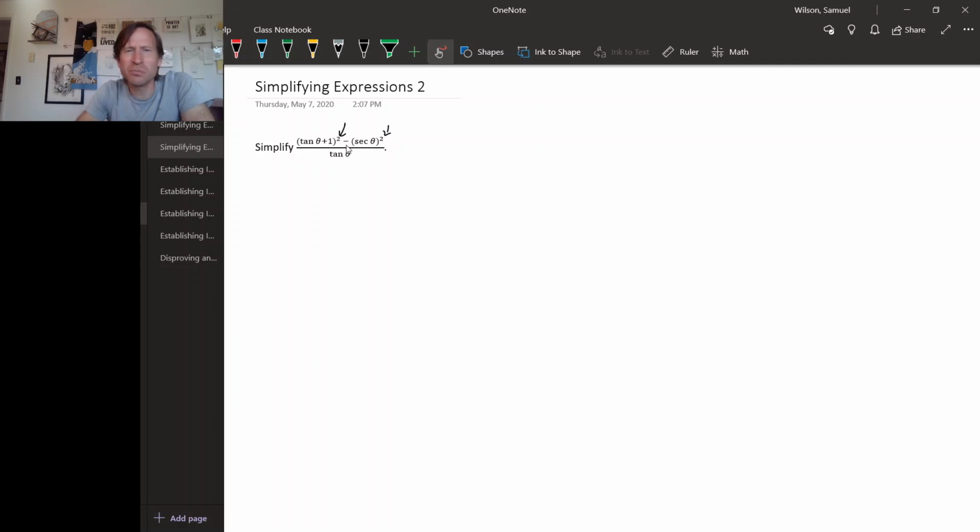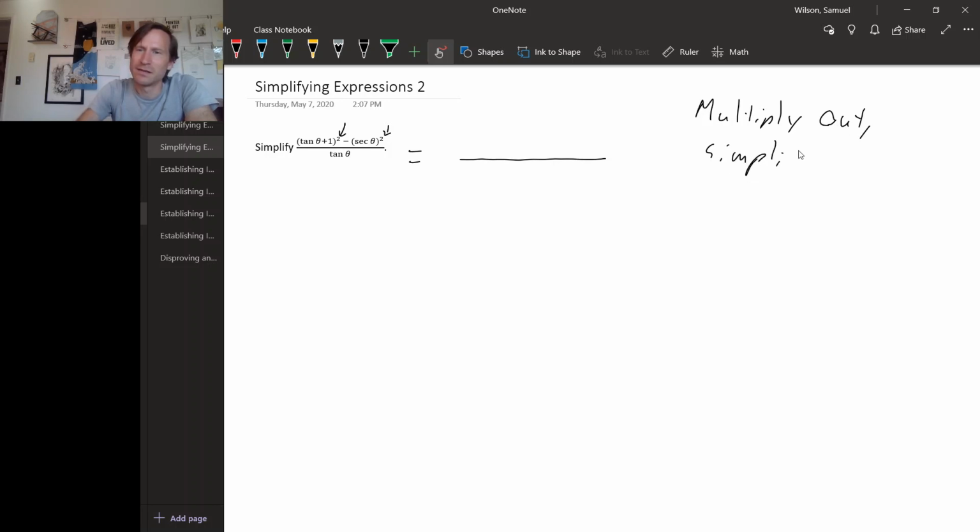So let's try multiplying out all of the squaring first. So the idea we're using here is to multiply things out and simplify from there. Again, it's hard to see ahead of time if this is actually going to do us any good, but at least it's something we can try.